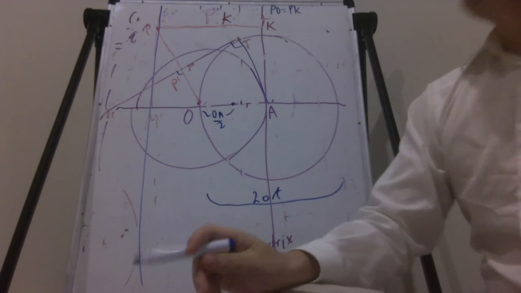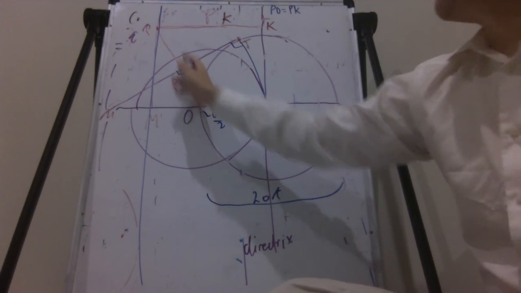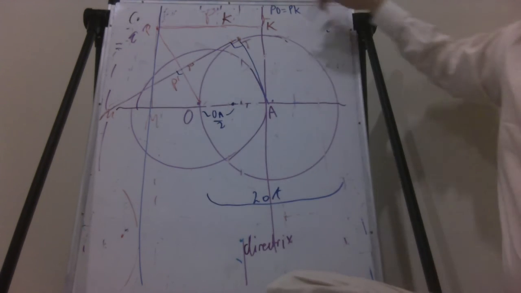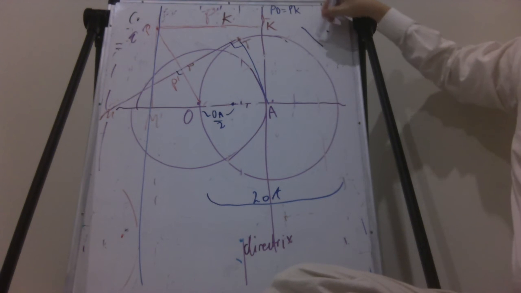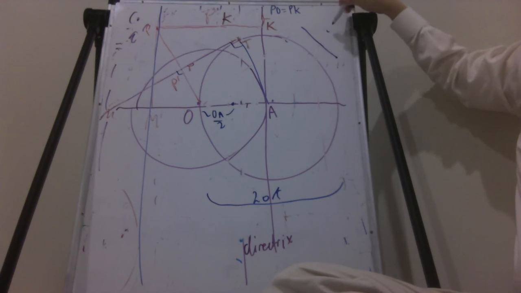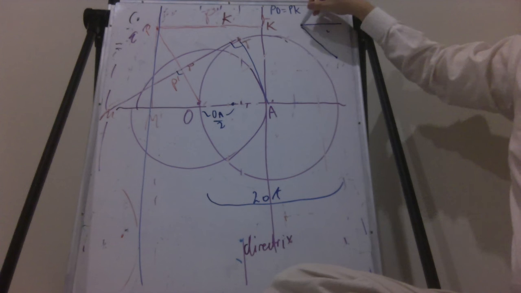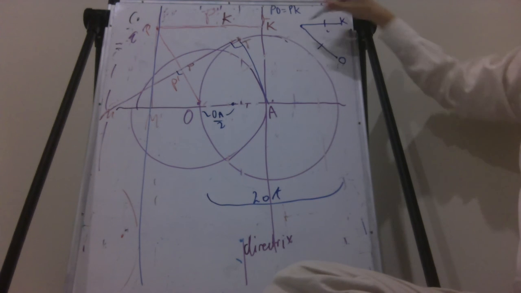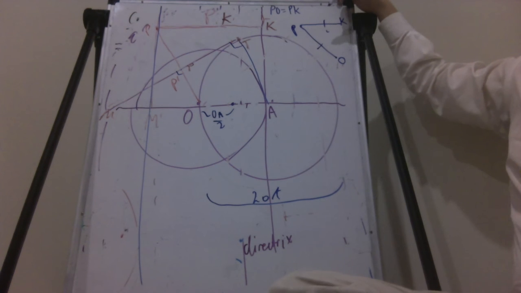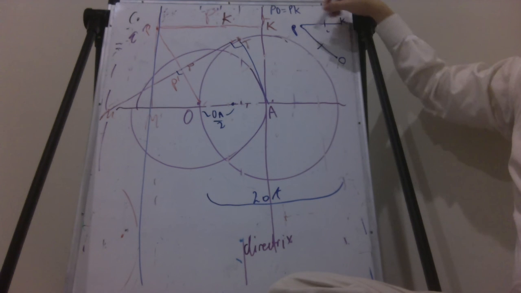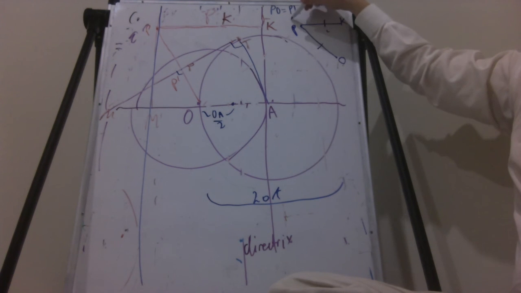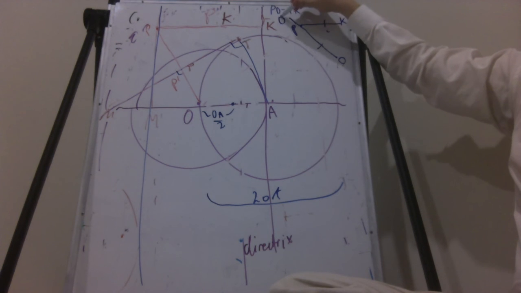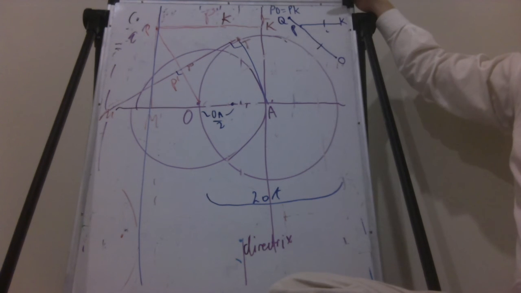Imagine if it goes somewhere past this point. This length here, they're equal. So this is K, this is O, and this is P. If your inverted point isn't P and it goes further, it goes to Q.